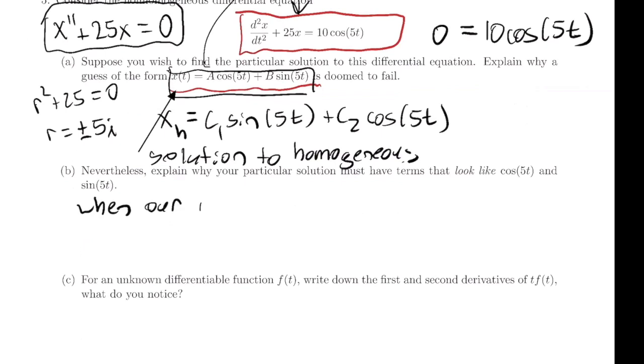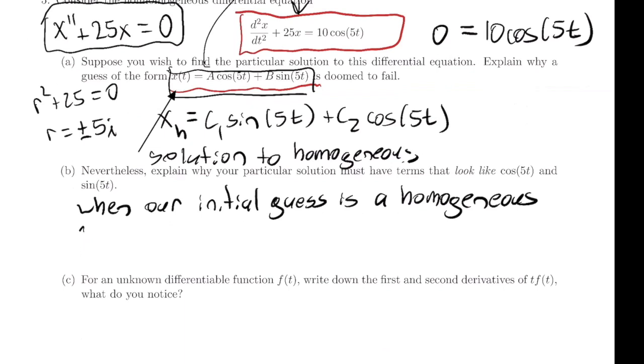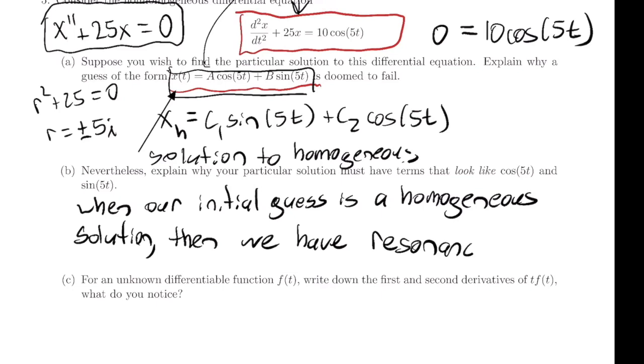So when our initial guess is a homogeneous solution, then we have what is called resonance.